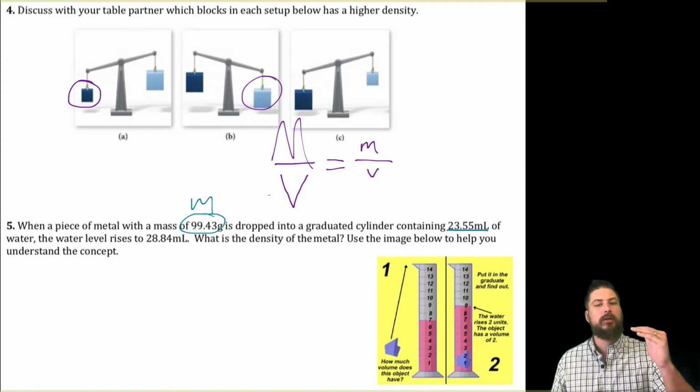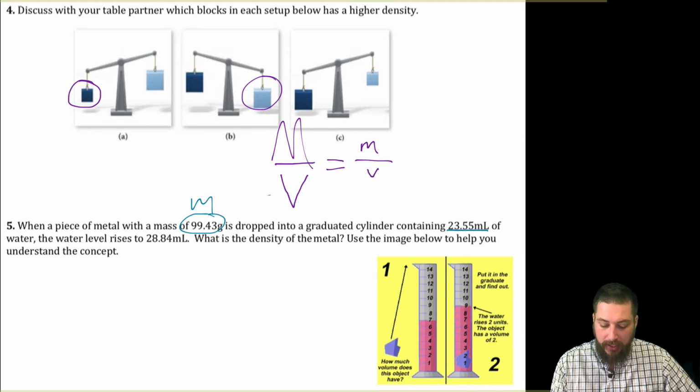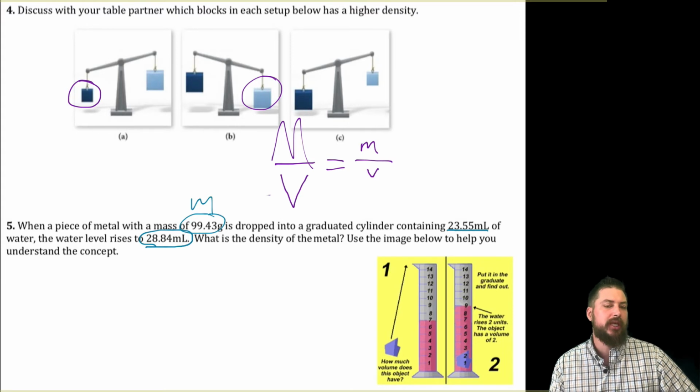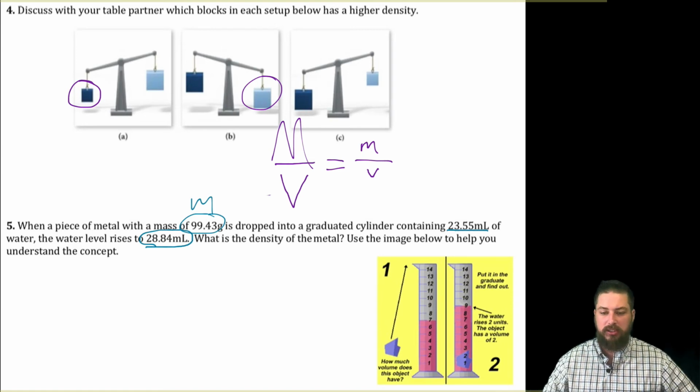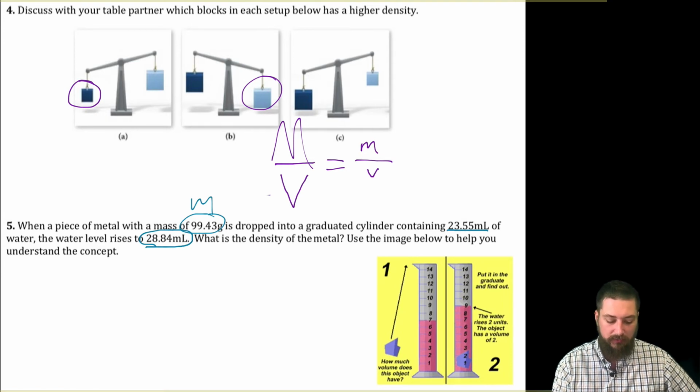That's the water that it's starting with. And then the water level rises to 28.84 milliliters. So it starts with 23.55, and then the water level increases to 28.84 when the piece of metal is dropped into it. And so we're supposed to determine the density of that metal.